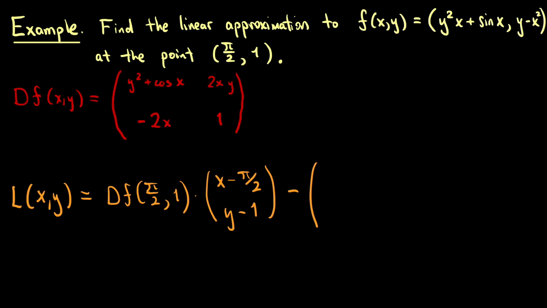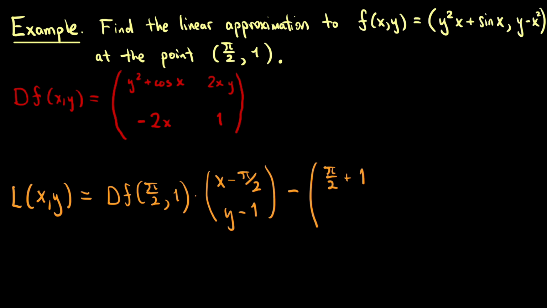Let's compute the value of f at that point. So I plug in x equals pi over 2. That makes sine x equal to 1. So I get pi over 2 plus 1, if I computed that correctly.